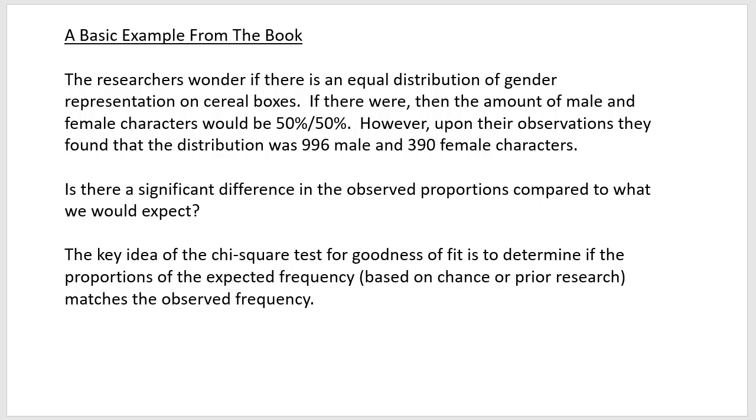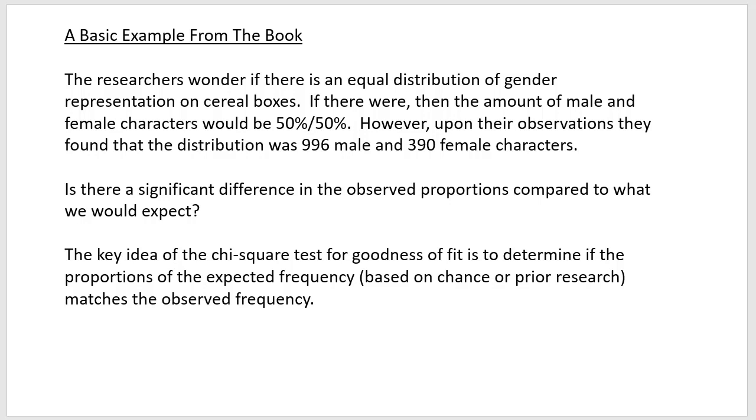Already you can see that that distribution is not what we would expect just based on the proportions of male and female that there are in the world. So there are more males represented than females, and we want to know if it is disproportionate. So the idea is, is there a significant difference in the observed proportions compared to what we would expect? The observed proportions in this case were 996 to 390.